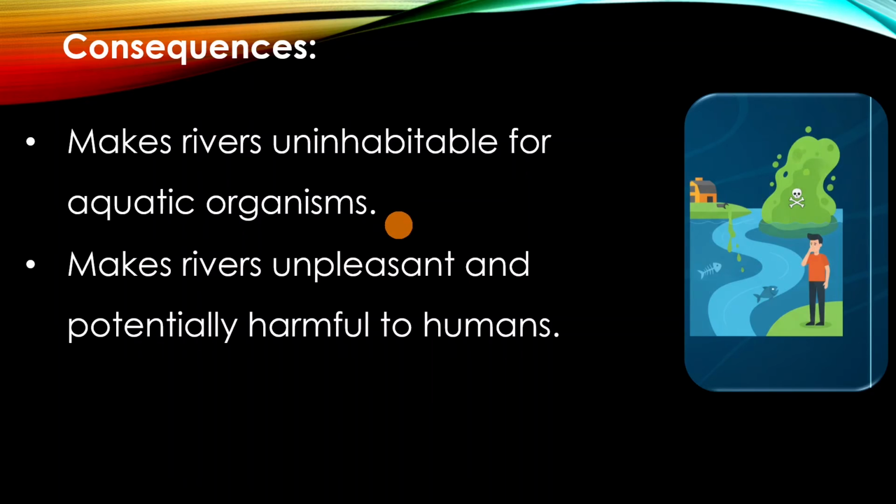So when algae grows in the rivers, it makes rivers uninhabitable for aquatic organisms, meaning that if there are fish there, the fish may end up dying or migrating from that place to another. Why? Because that place has become unpleasant and uninhabitable. It has become bad for living organisms to stay there.